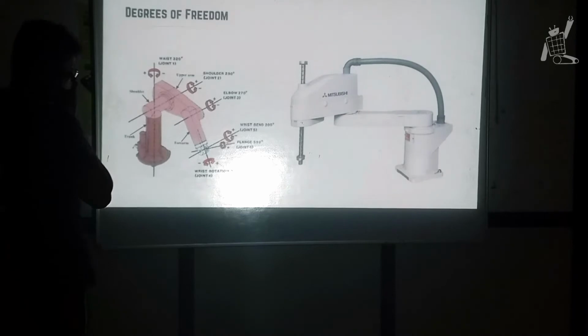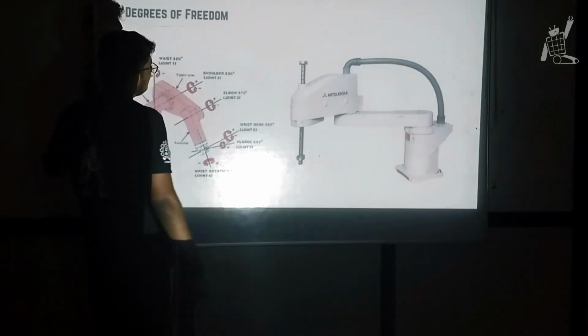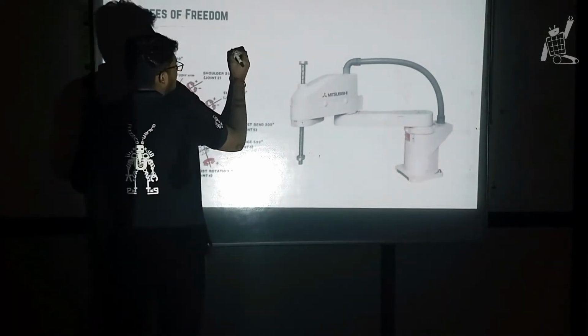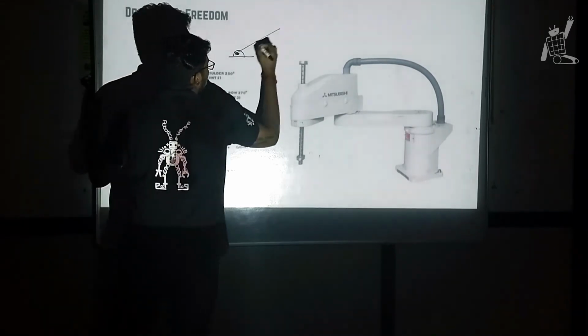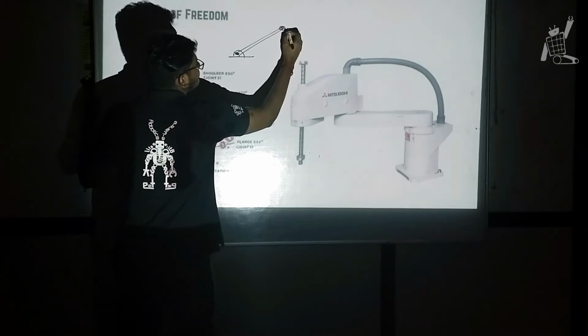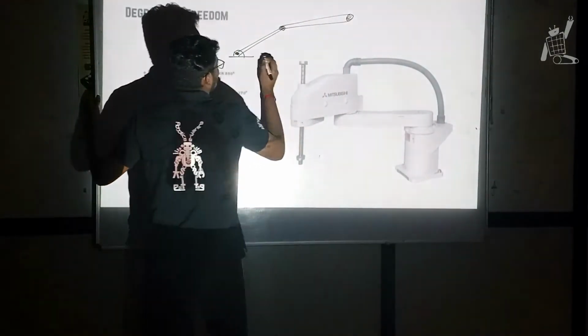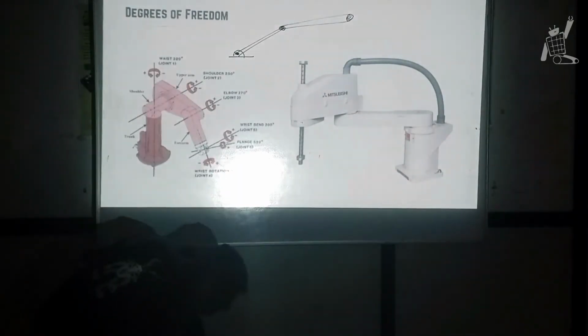Now let us see what the degrees of freedom are. Before going to these figures, let me explain some simple figures. Consider a simple robot. As I said, this will be the base.